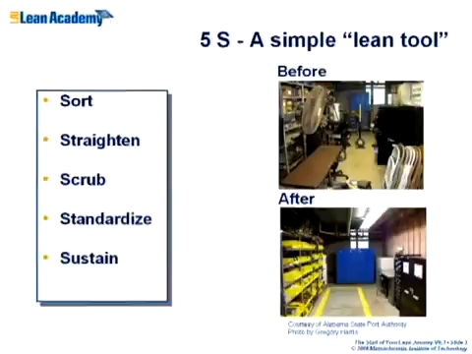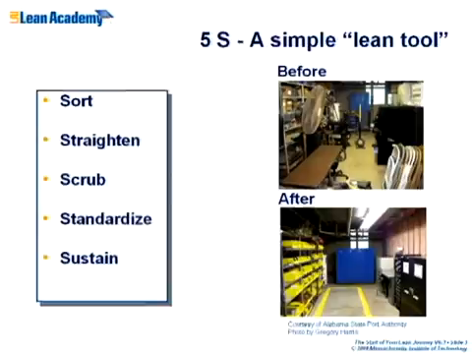So we talked about the 5S. There are literally 5 terms in Japanese that began with the S word, and I can't pronounce them, but they have been translated into English to mean sort, straighten, scrub, standardize, and sustain.